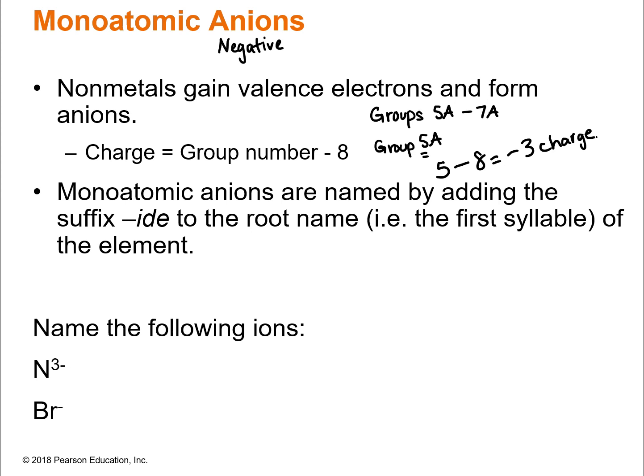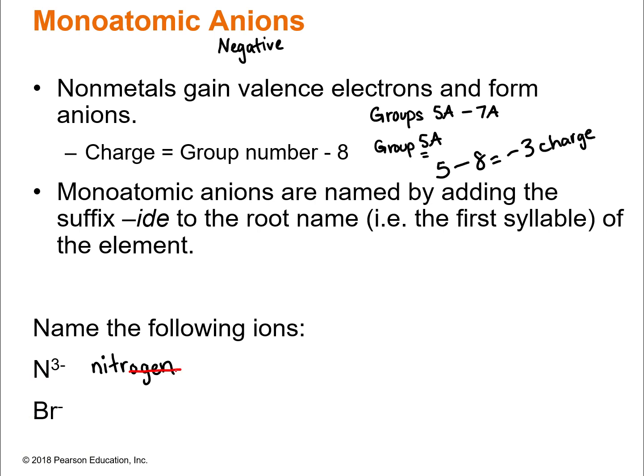As far as naming, it's a little bit more complicated. I'll show you how to do it with our examples down below. What you're going to do is take the element name. Here we've got N3-. N is the symbol for nitrogen. All we want from this word is the root. So we're going to get rid of that other stuff.